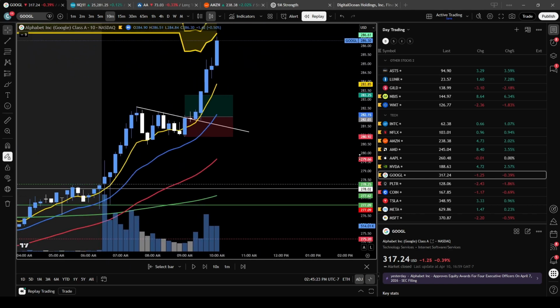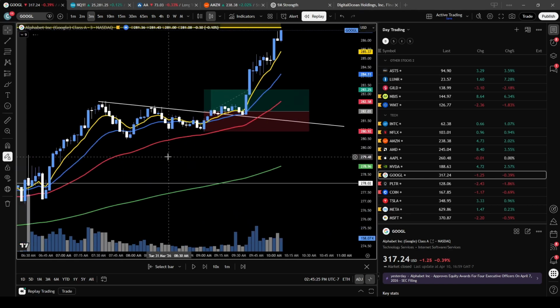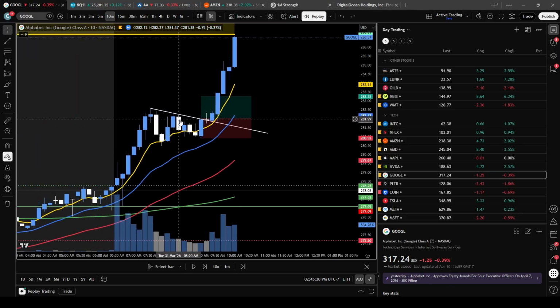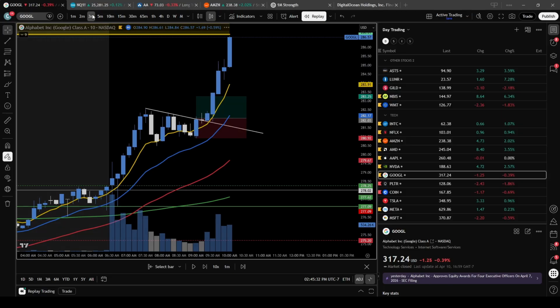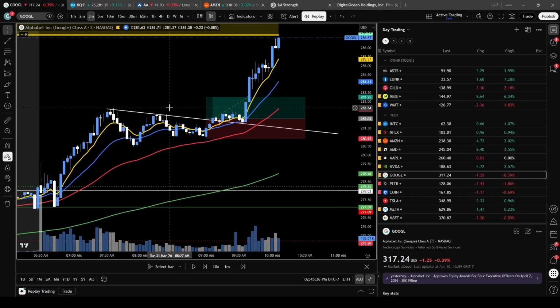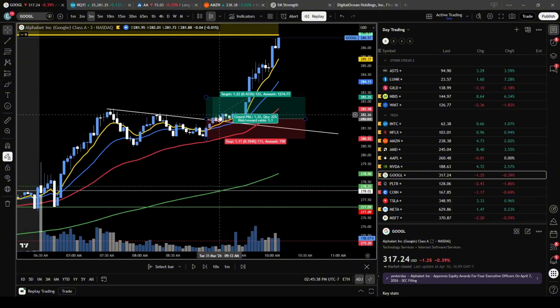So whenever you see price action not trading above the 20 EMA on the 3-minute for 10-minute flags, but you see a base forming, you're gonna wait for a trendline break, and then that would be your entry.